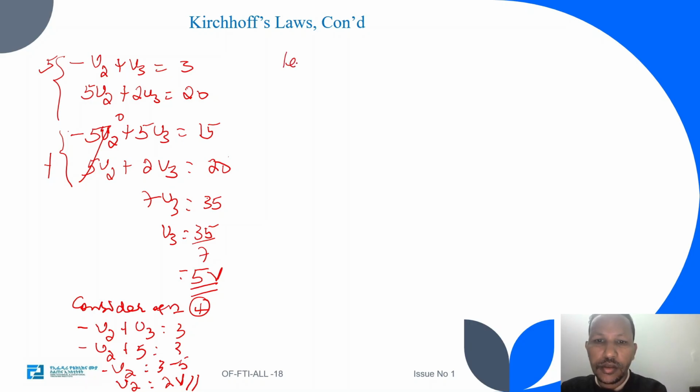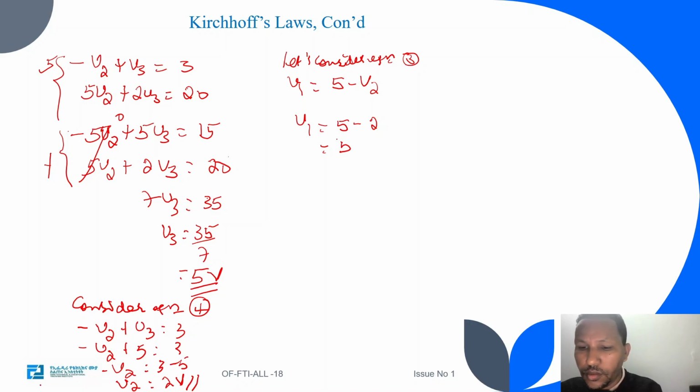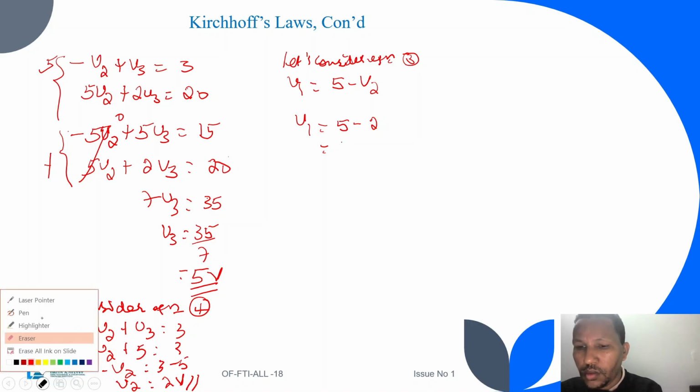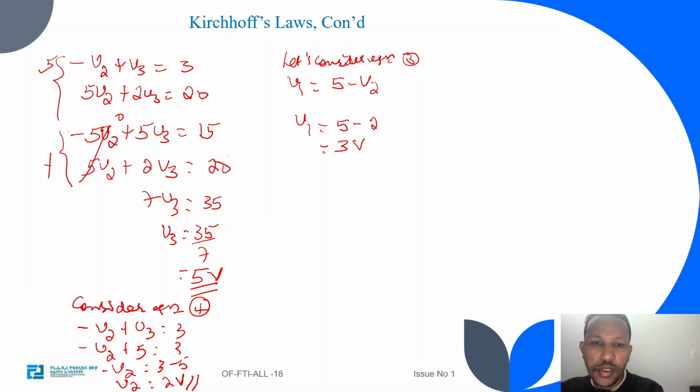Let's consider equation 3. That means V1 is equal to 5 minus V2. So V1 is 5 minus 2, which is equal to 3 volt.